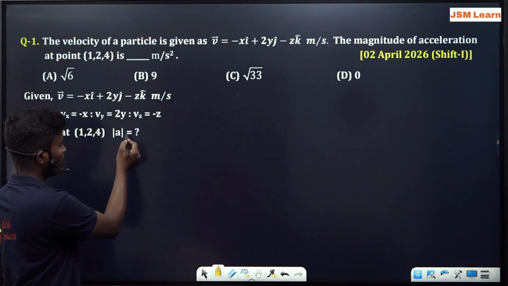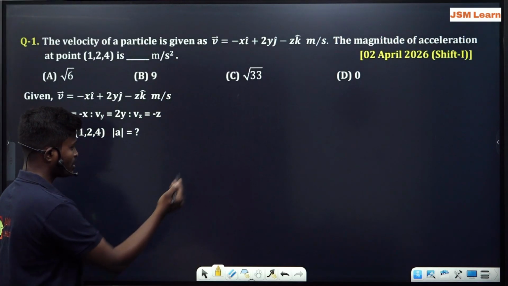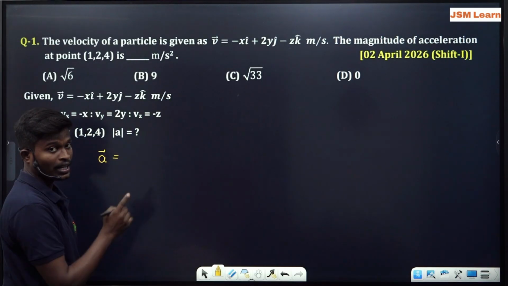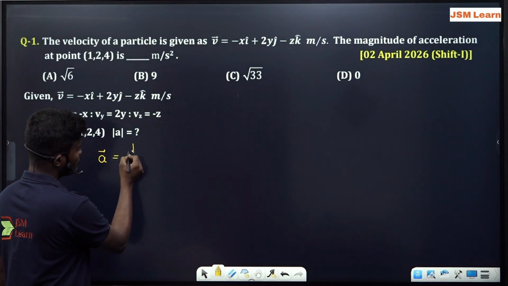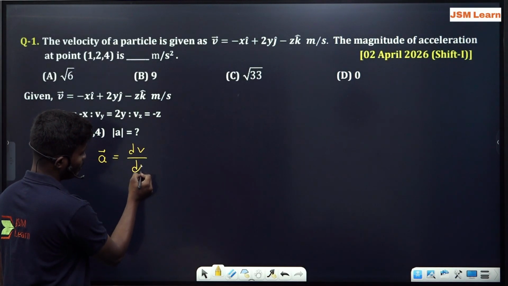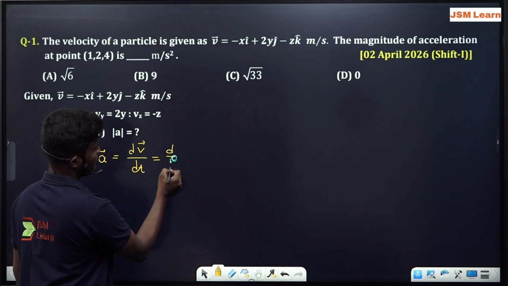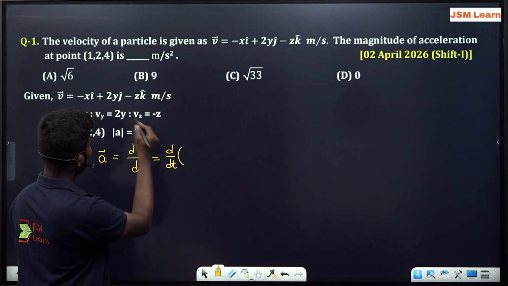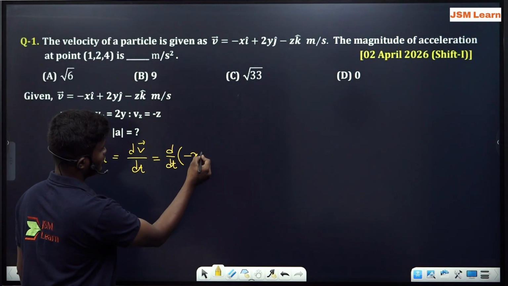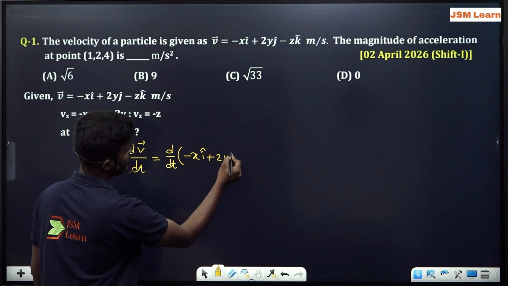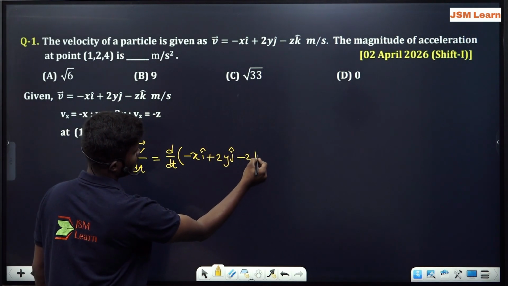Now at this point we have to find the magnitude of acceleration. So for that, acceleration is nothing but rate of change of velocity. So dv by dt, which can be written as d by dt of the given value, -x i cap + 2y j cap - z k cap.